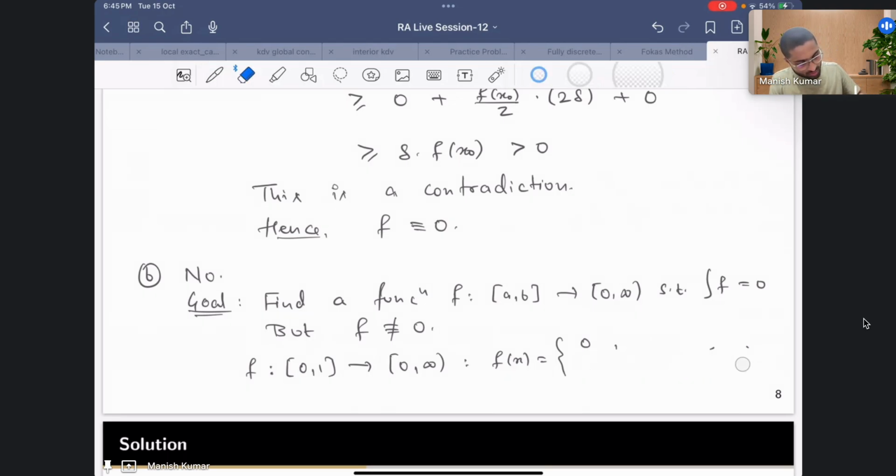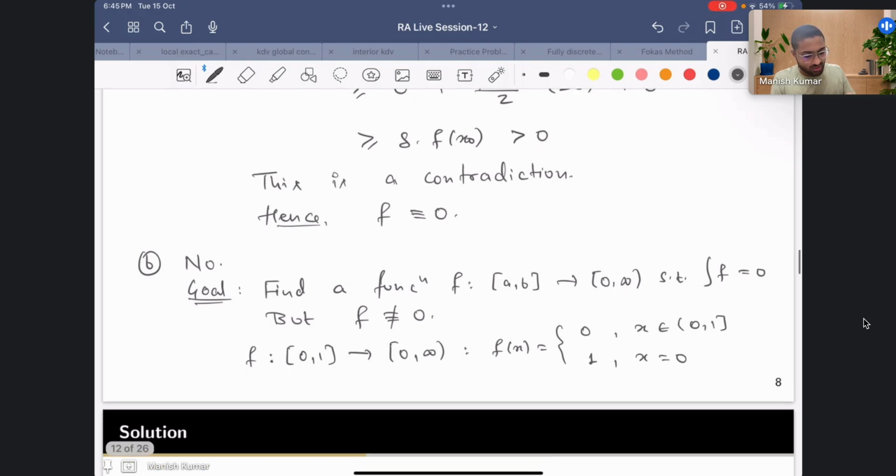So you can take just a simple case. Define the function to be 0 when x is not equal to 0. You just leave one point because we know that one point does not change the integration value, right? So we'll say it's in 0 comma 1 and you define it to be 1 when x is equal to 0. If we define it in this way, you can clearly see that the function f is discontinuous at 0.